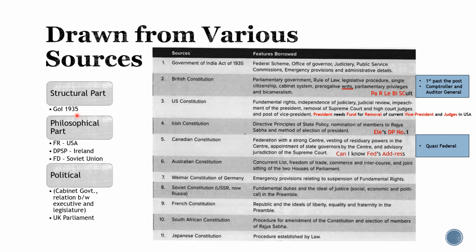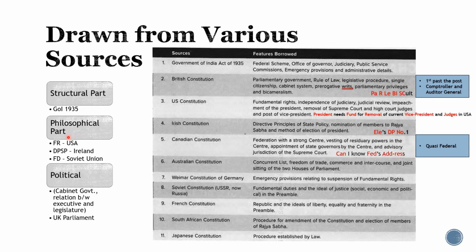The philosophical part is derived from USA, Ireland, and the Soviet Union. Why call this philosophical? Because it talks about the societal aspect, and general societal goals of the country.